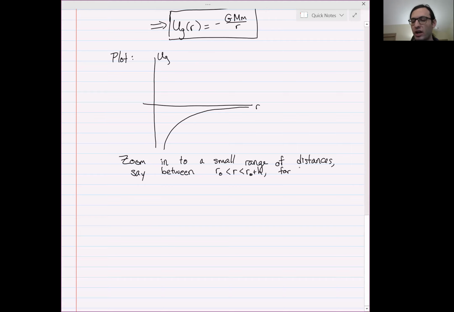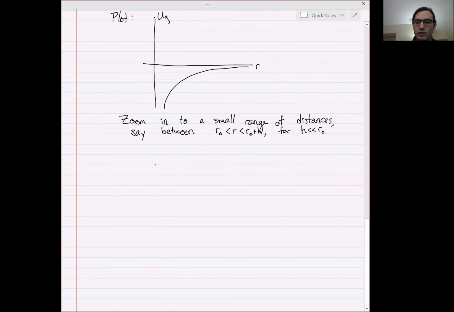And we're going to choose h to be a lot smaller than r naught. So it would be like looking for values of r from, say, 10 kilometers to 10 kilometers and 2 meters, right? So we're just looking over that really narrow range of values of r. Well, if you were to zoom in and only look on those particular values, you'd find that the potential energy just looks like a line.